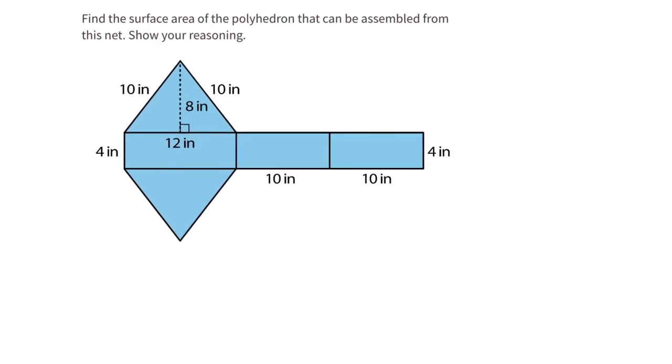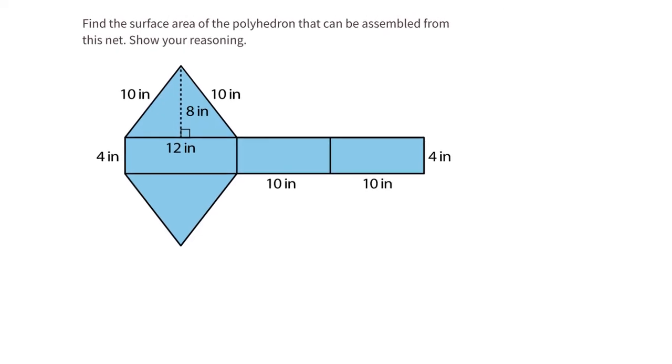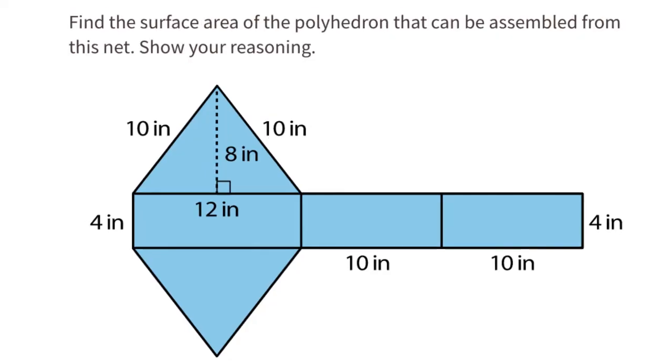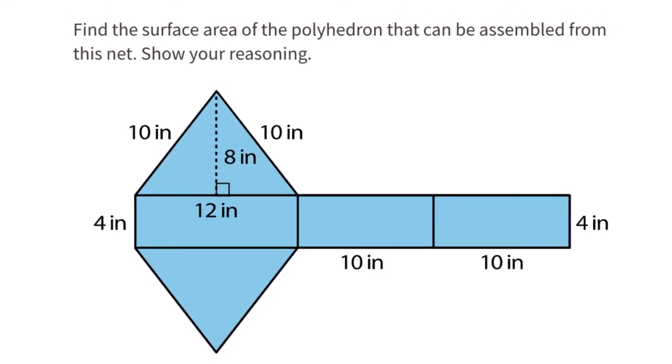Last problem is another review. We're supposed to find the surface area of this polyhedron that can be assembled by making this net. So basically, we need to find the area of each of these 5 faces, 2 triangles and 3 rectangles. What's the area of this rectangle? That's pretty straightforward. That is 40. How did I get 40?